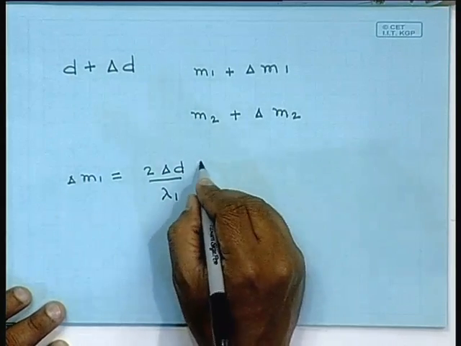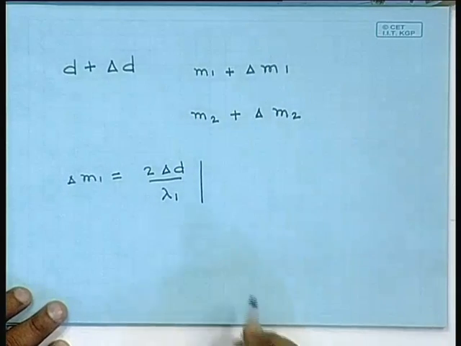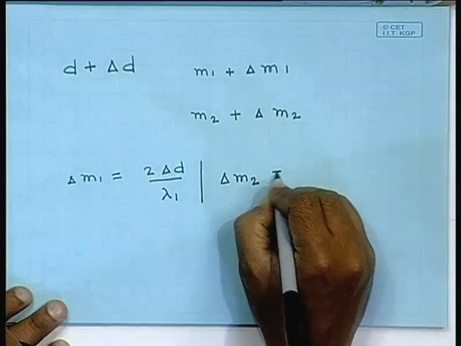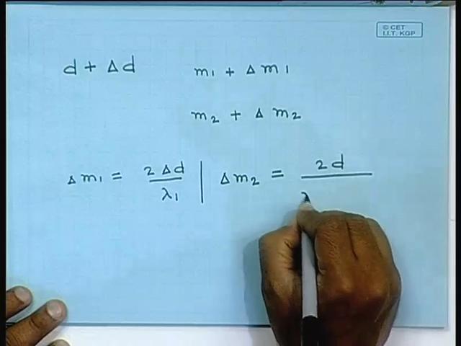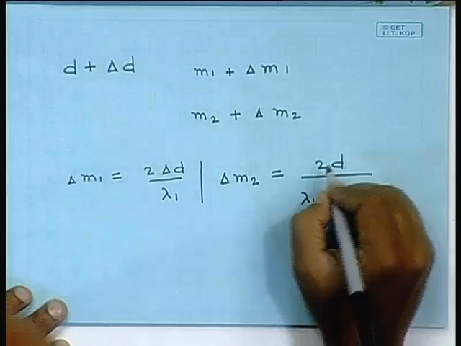The order of the central fringe for the wavelength lambda 1 plus delta lambda is going to go up by delta M2, which is 2 delta d divided by lambda 1 plus delta lambda.